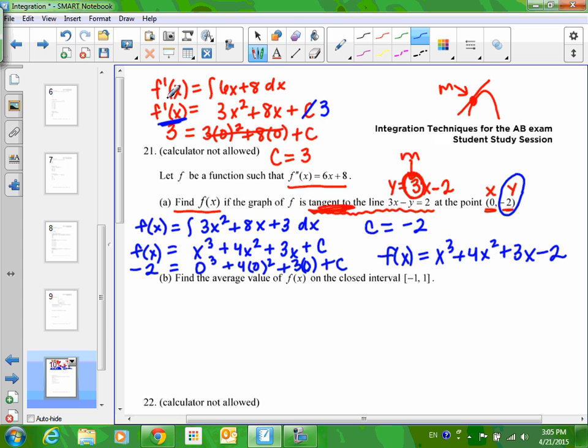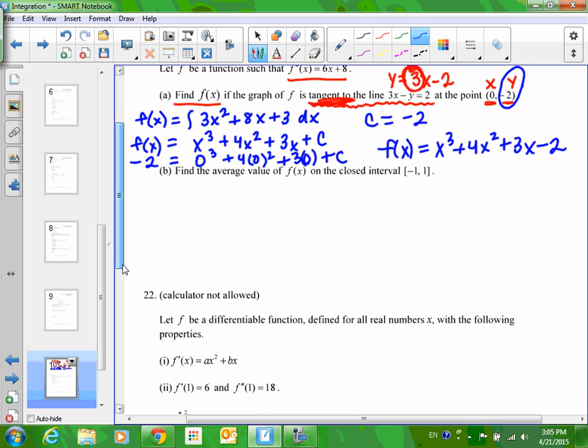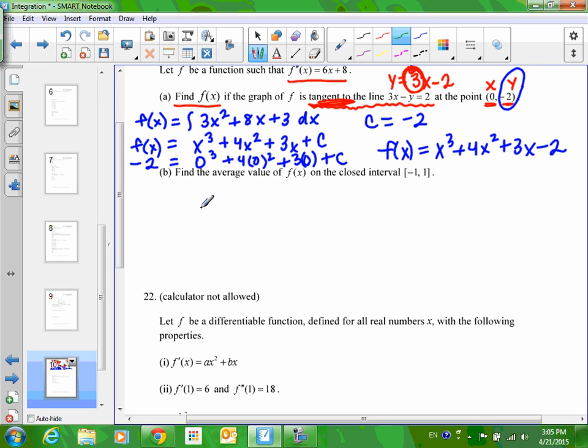Excuse me, we found f prime. Got a little choked up. I mean, here's the deal. They gave us the second derivative, and they're asking us for f. There's no magical step to go straight from f double prime to f. f prime is like the intermediate step.